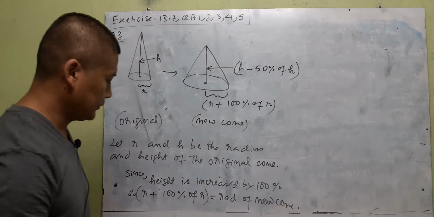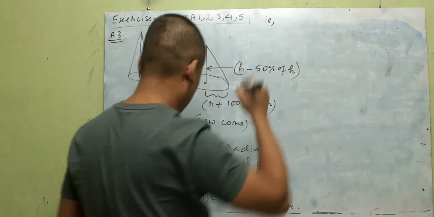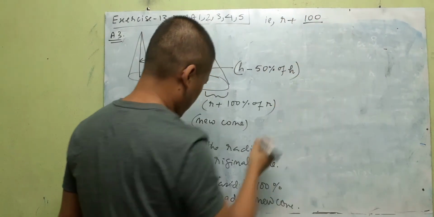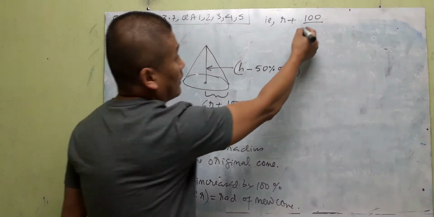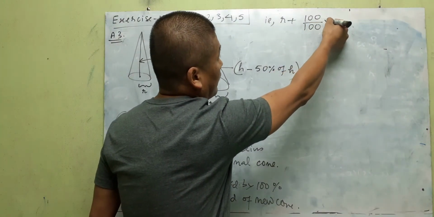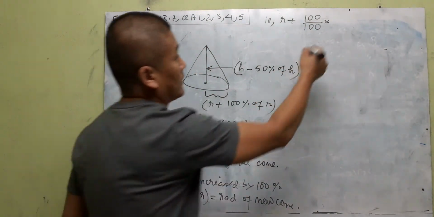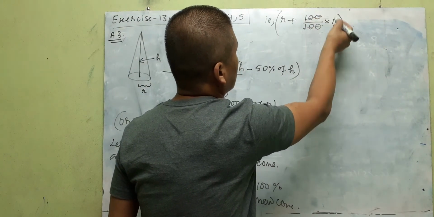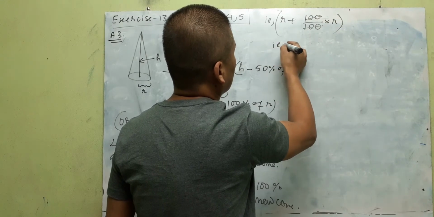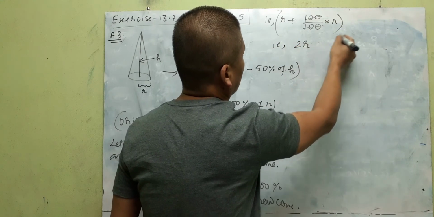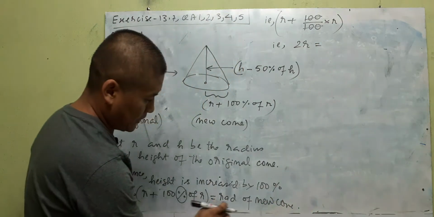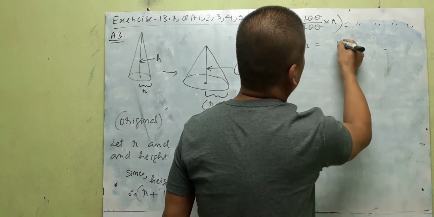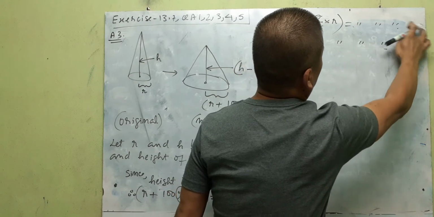So r plus 100%: if you remove the percent sign, then 100 comes in the denominator, and of means into r. So this is the new r. 100 cancels, so r plus r, that is 2r, is the radius of the new cone.